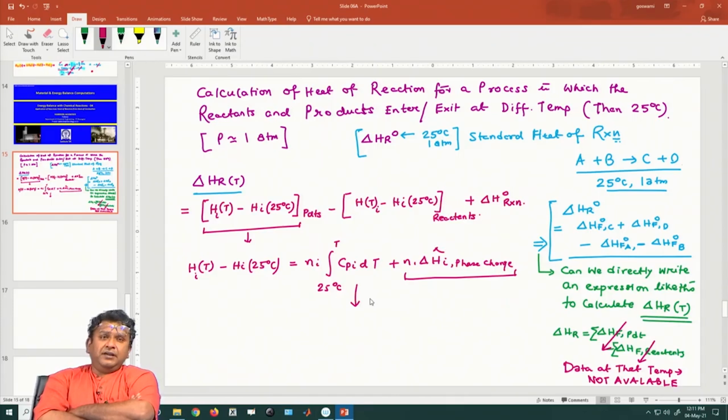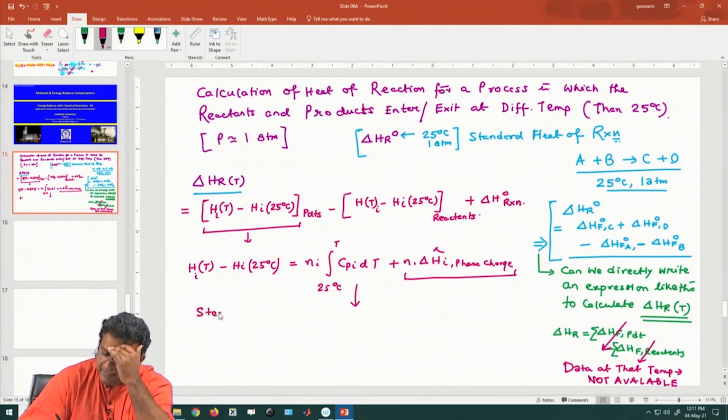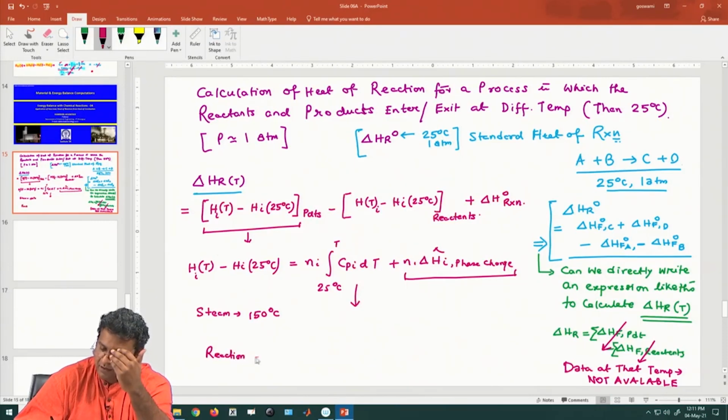So, what does it mean? Let us say steam enters the chamber at 150 degree centigrade, and then you have a reaction where water is one of the reactants.